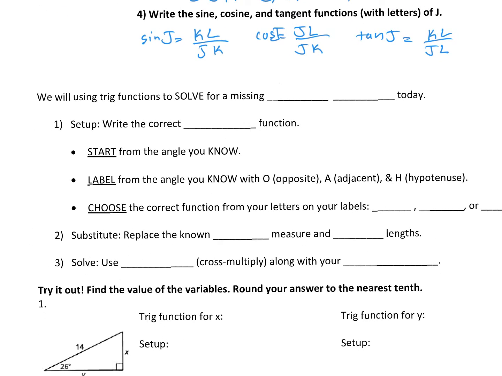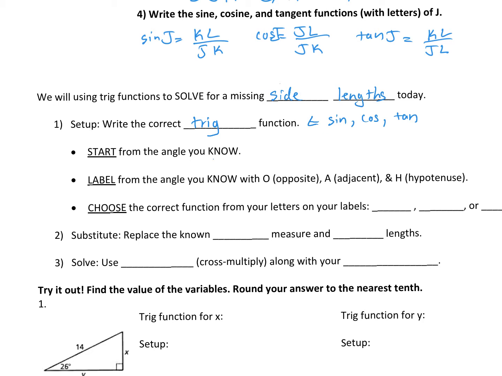We will be using trig functions to solve for missing side lengths today. First, we write the correct trig function. Either we want to find sine or cosine or tangent. We don't know which one, but we'll figure it out.